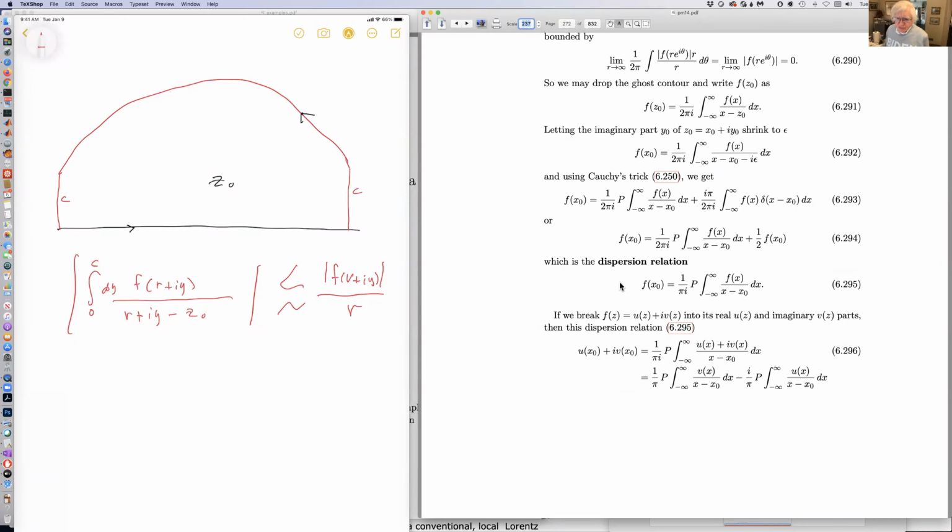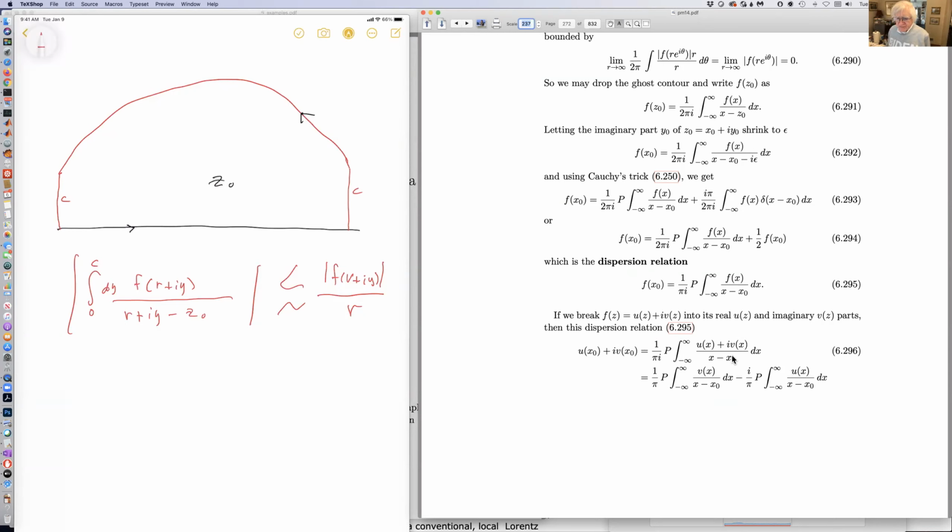Now, if we break f into real and imaginary parts, we have on the left-hand side u of x0 plus i v of x0, and on the right-hand side u of x plus i v of x. And then we can separate this into a real part, the u and the principal part, and then an imaginary part, which is a somewhat different principal part.